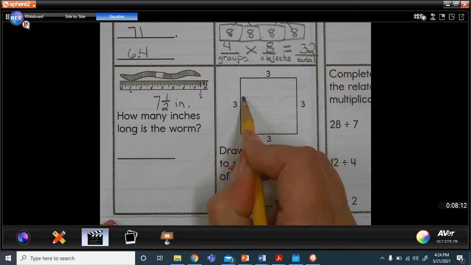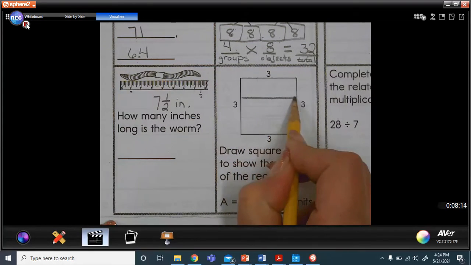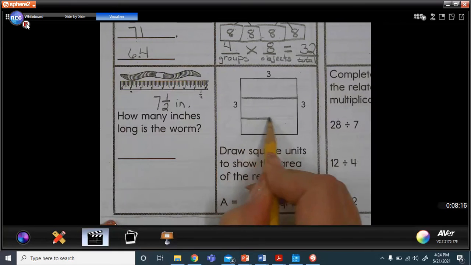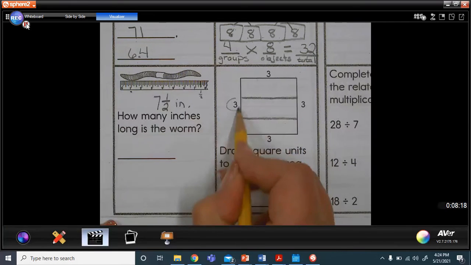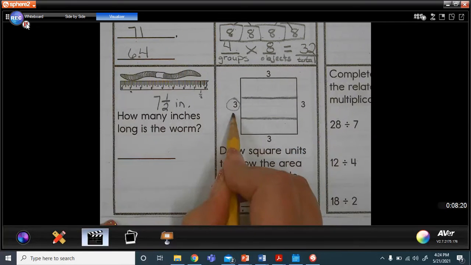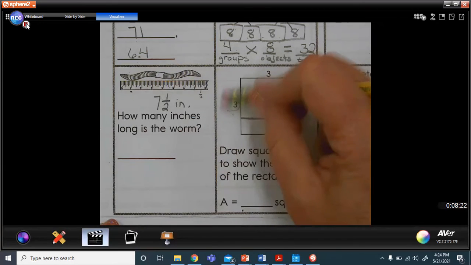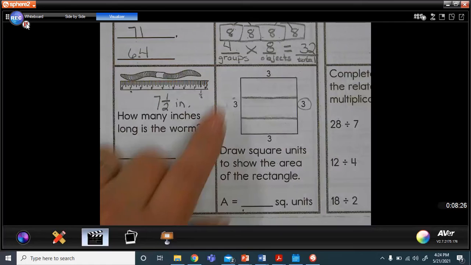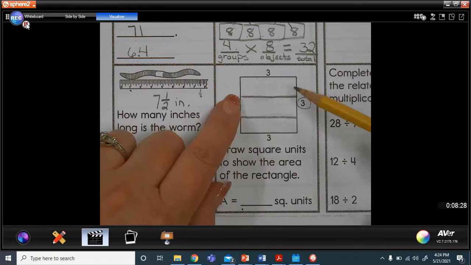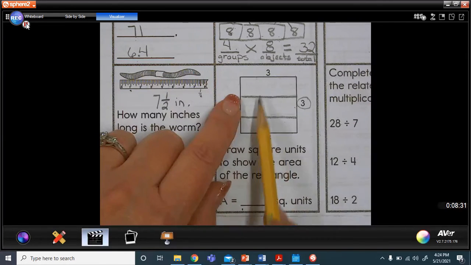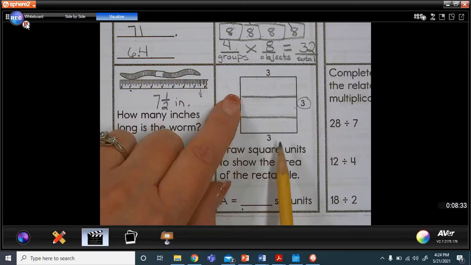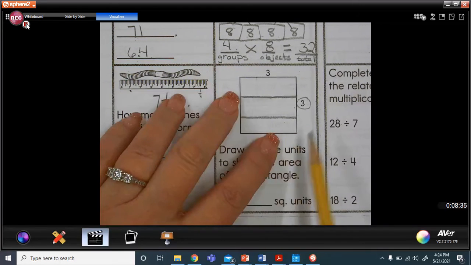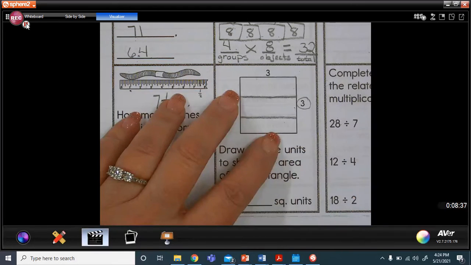We're going to assume that we have 3 rows, because you can use either this side or this side to tell how many rows there are.